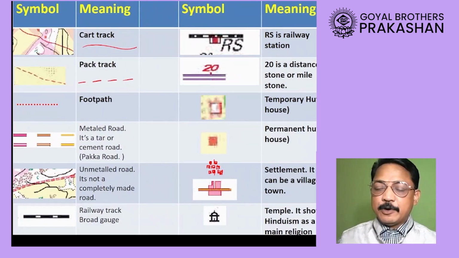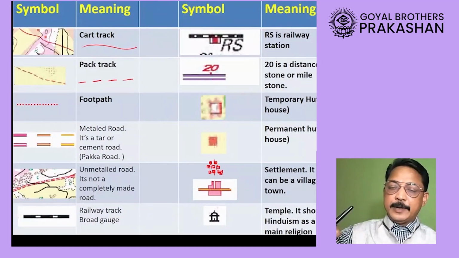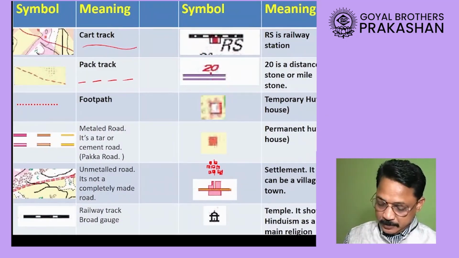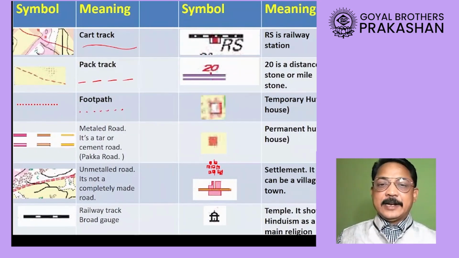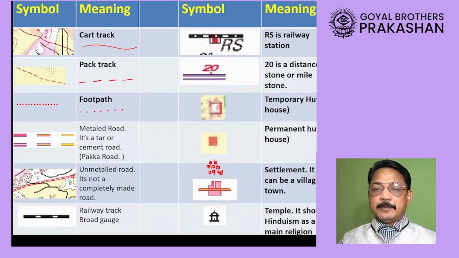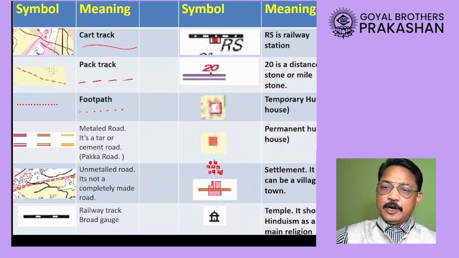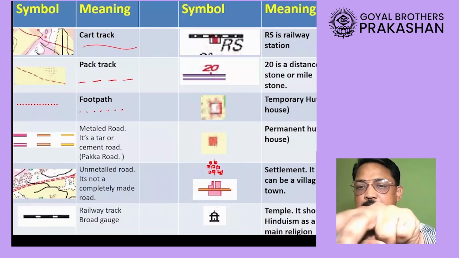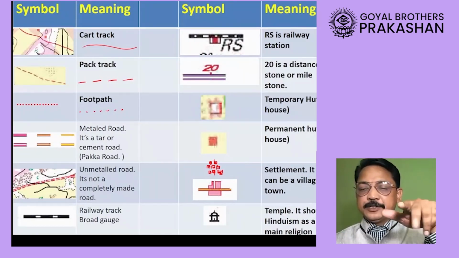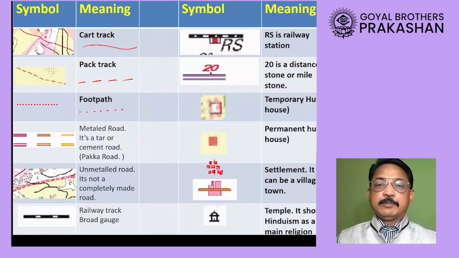A pack track is formed by movement of animals on the ground. If you find a dotted red line in a map, it stands for a footpath which is formed by the movement of people. When people walk on the ground, because of their walking, a patch is formed, that is called a footpath.